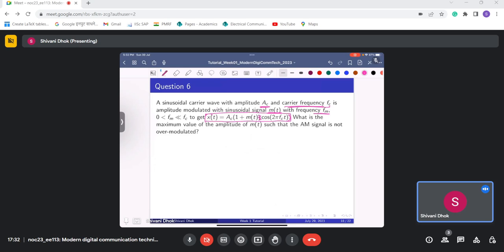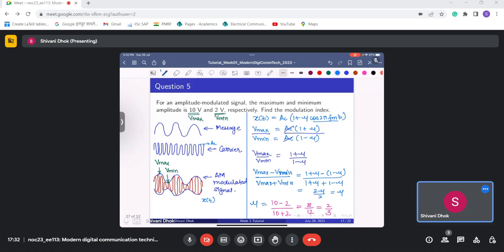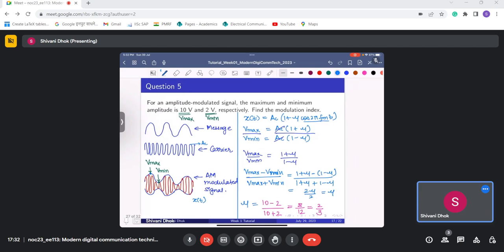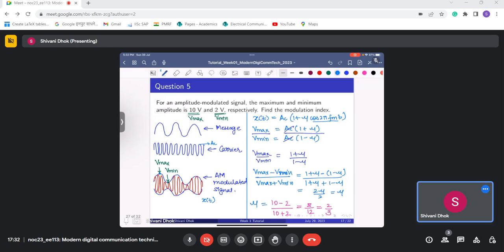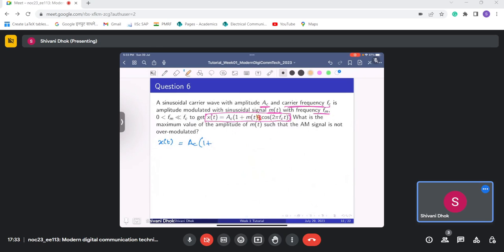So what we do is consider x(t) as AC into (1 + m(t)) cos 2πFCt, where m(t) is AM cos 2πFMt.